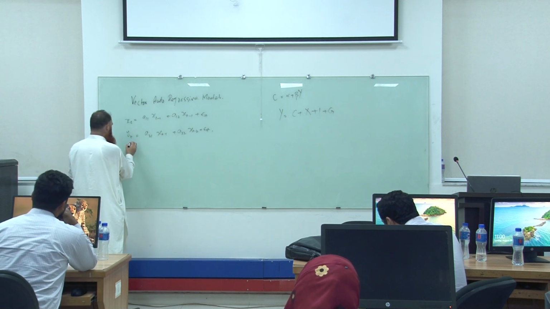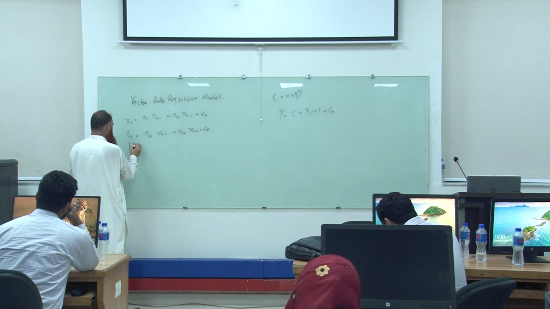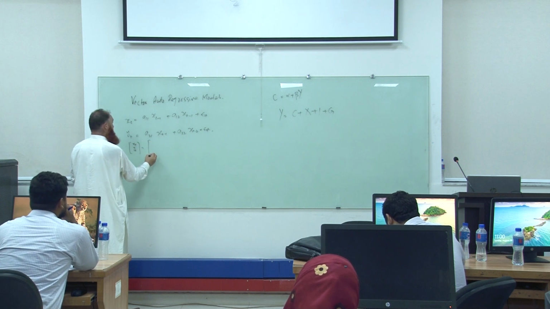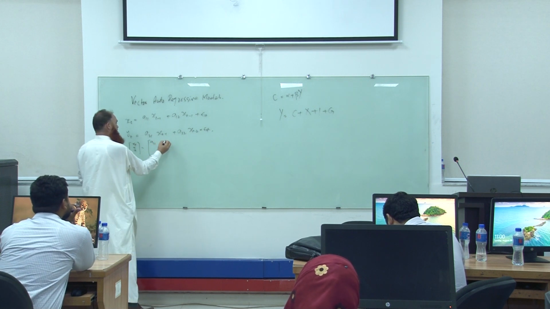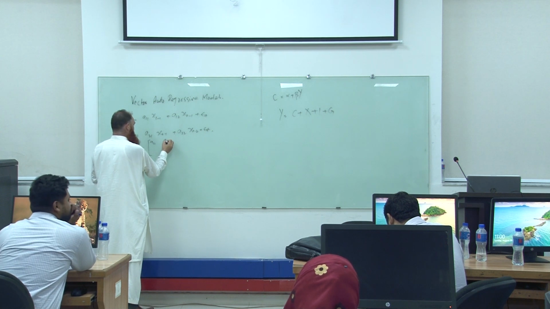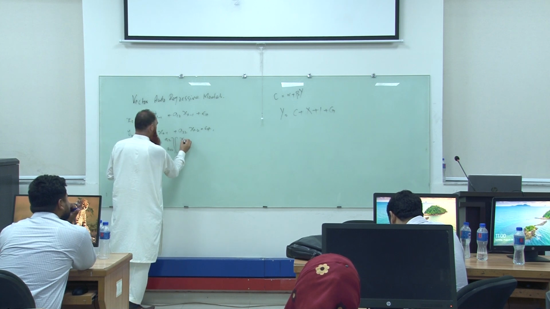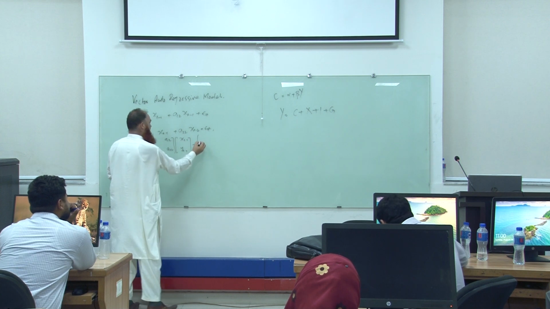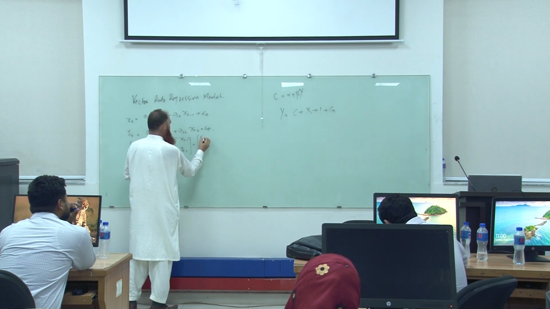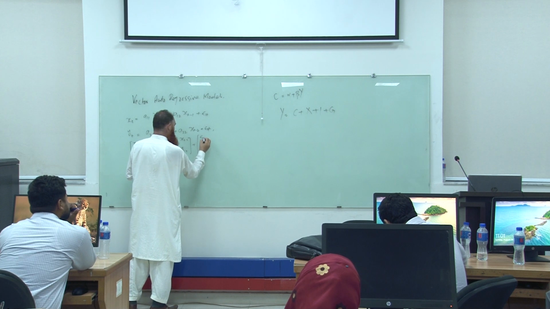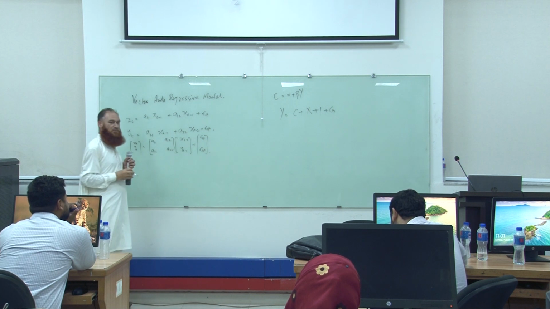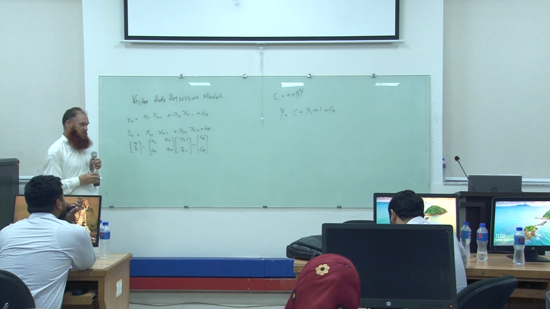If I write it like this, xt yt is equal to a11 a12 a21 a22 into xt minus 1 and yt minus 1 plus epsilon 1t and epsilon 2t, right?